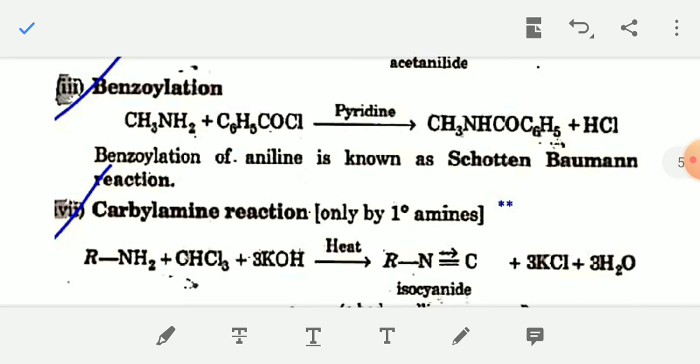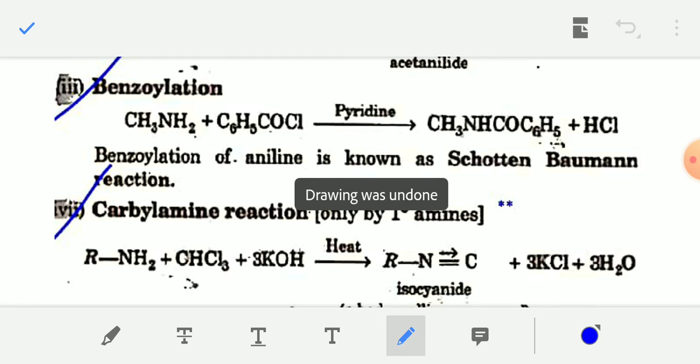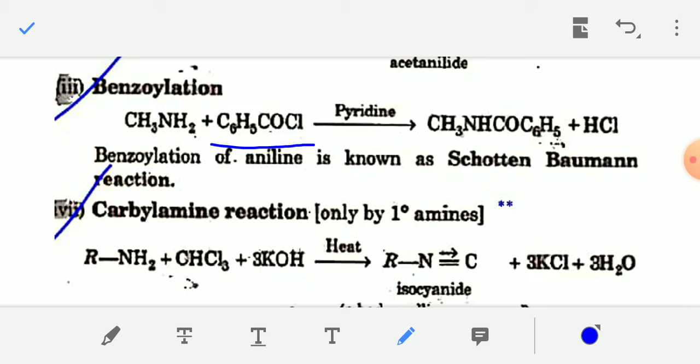Next, benzylation. This is a similar reaction. Benzylation means a reaction of amine with benzoyl chloride, C6H5COCl. The solvent in this reaction is pyridine. When methylamine reacts with benzoyl chloride, C6H5COCl, in presence of pyridine, the product will be CH3NHCOC6H5.